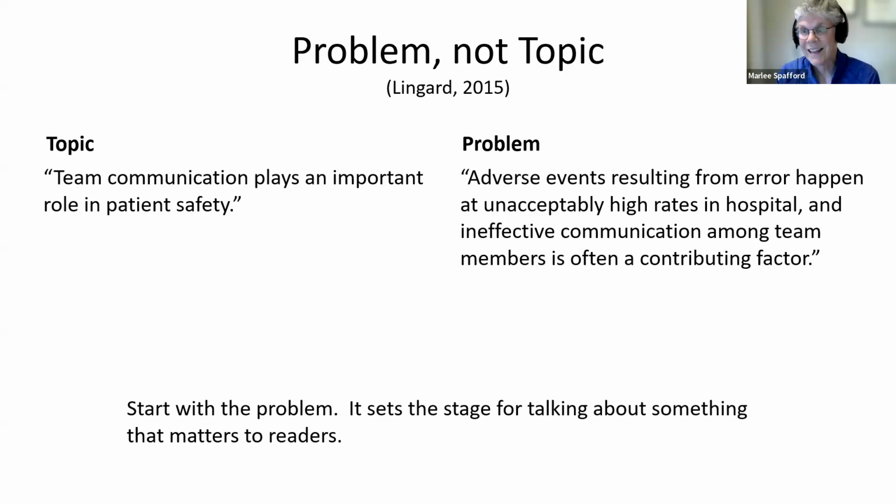I have a setting in hospitals. I know about team member communication as a contributing factor, and that error is at too high a rate. So I've got a problem now, and presumably next in the article, we'd start to identify a gap. So start with the problem, because it is going to set the stage for you talking about something that matters to your readers.